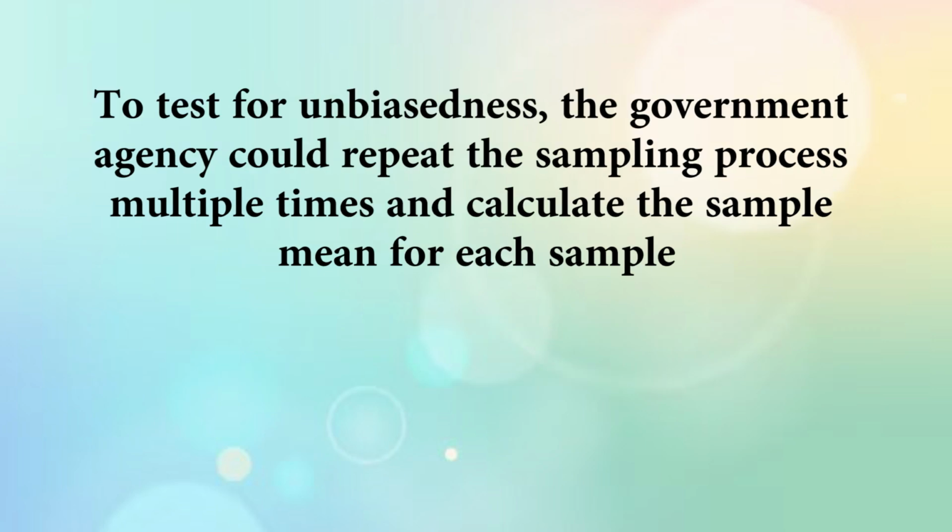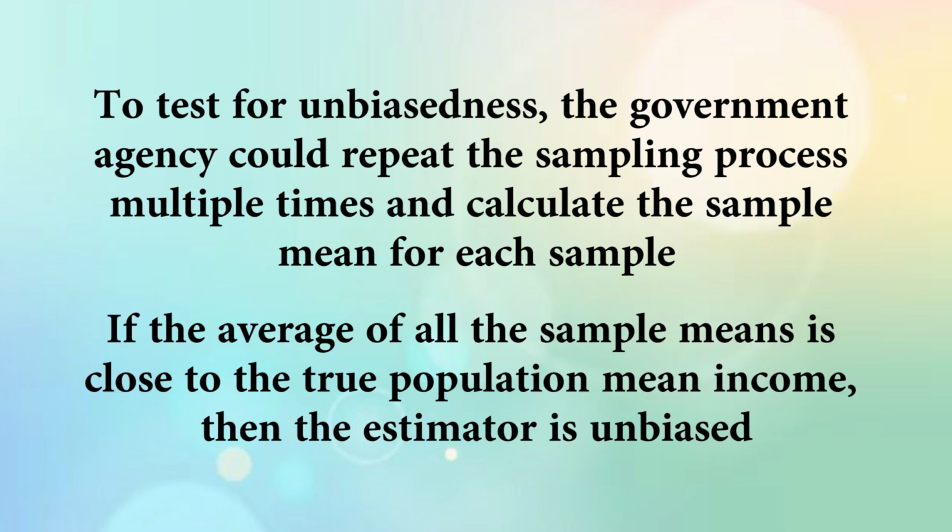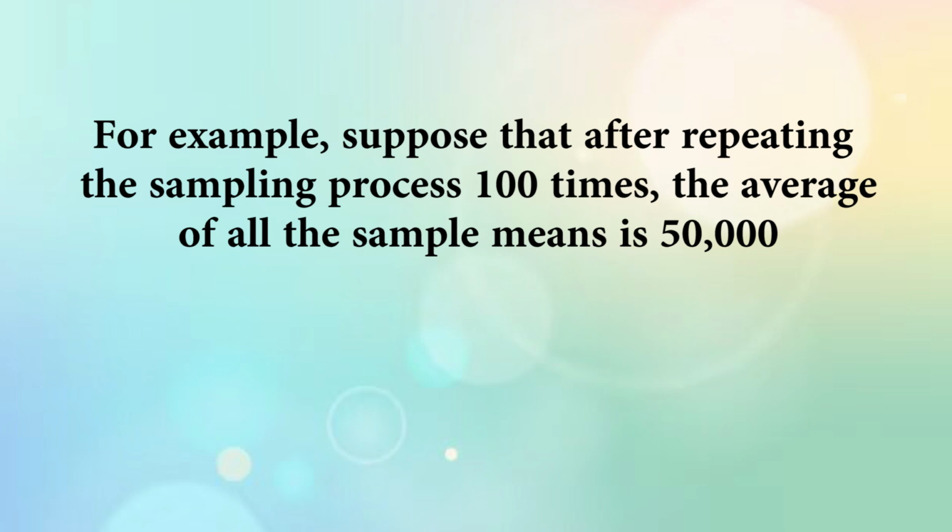To test for unbiasedness, the government agency could repeat the sampling process multiple times and calculate the sample mean for each sample. If the average of all the sample means is close to the true population mean income, then the estimator is unbiased. For example, suppose that after repeating the sampling process 100 times, the average of all the sample means is 50,000.